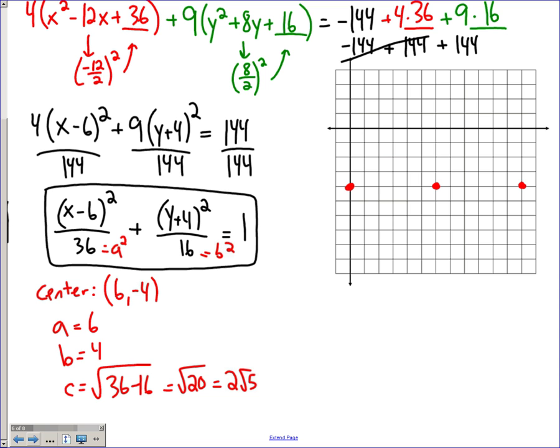Now we're going to go up 4 and down 4 from our center point because of b. 2 times the square root of 5 is approximately 4.5, so we're going to estimate 1, 2, 3, 4.5 over is where our focus is going to be from that center along our major axis. And we can draw our graph.